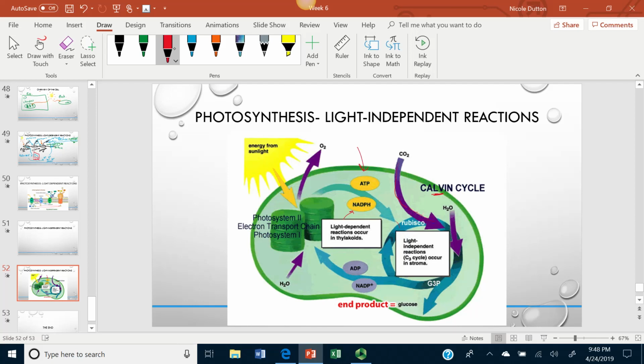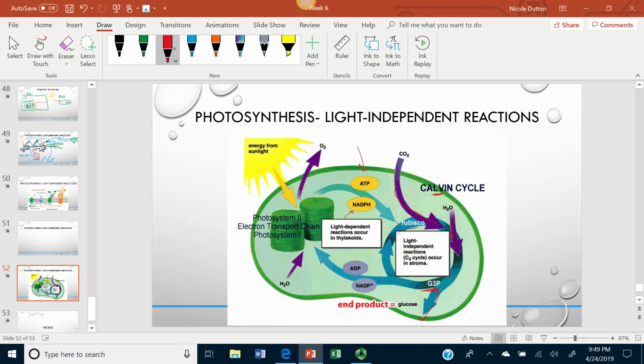You get carbon dioxide from the environment, rubisco, which you can get from the soil and from the environment. Water is added, which again comes from the environment. So NADPH, ATP, CO2, rubisco, and H2O come into the Calvin cycle to produce G3P. G3P, glucose 3-phosphate, is a precursor to just straight up glucose. So eventually that gets converted to glucose.